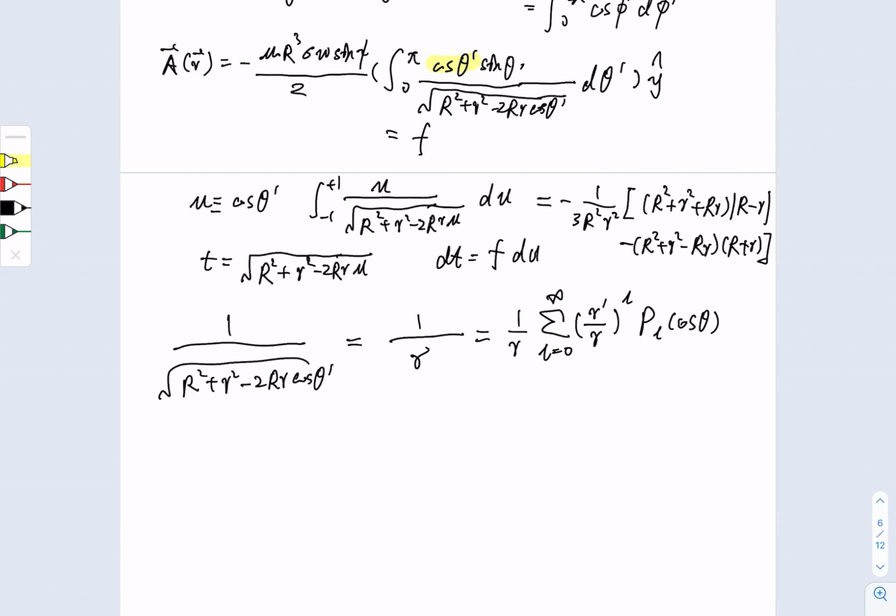So here this f is simply the integral from -1 to +1 of, so we write this cosine theta prime as the P1 cosine theta prime.